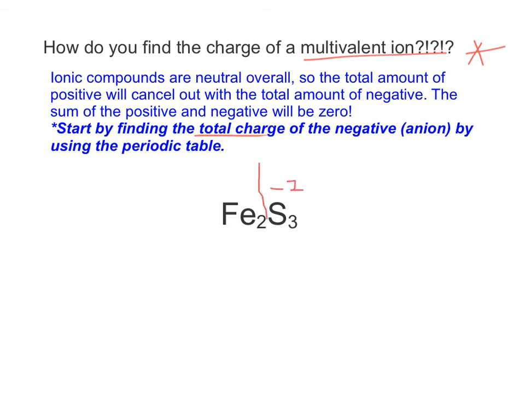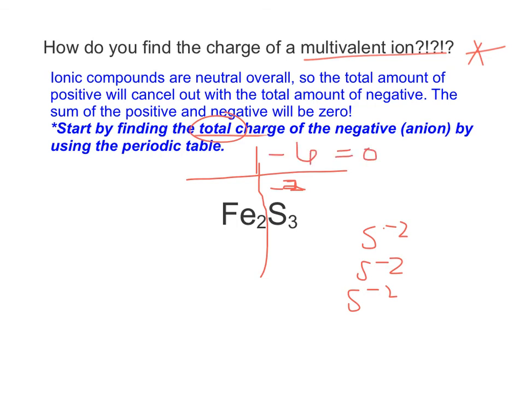I'm going to divide the metal and the nonmetal. Except it said total. Each sulfur is -2, but there's 3 of them. So if you literally drew out 3 sulfur ions, that would carry a -6 charge. We know ionic compounds have to equal 0. They have to be neutral.